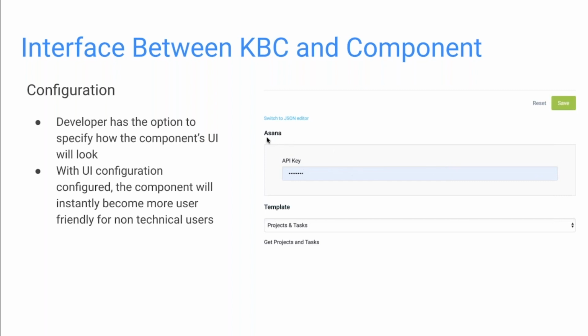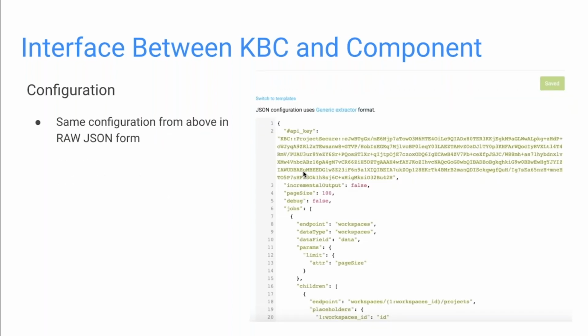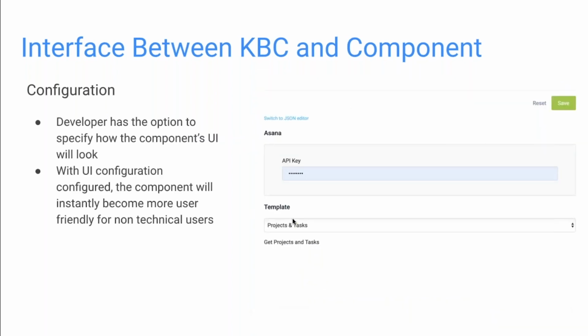In this case, let's say we're going to connect with an Asana API key, pretty straightforward. The next slide is the configuration in raw form. If I presented this to a business user, they probably wouldn't know what is going on. If you put it in a nice way like this, it's easier to tell them, hey, put in the API key.